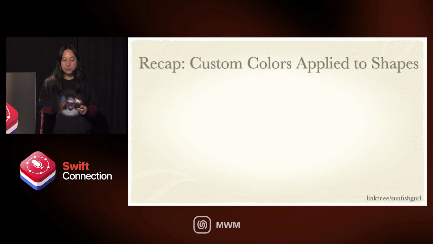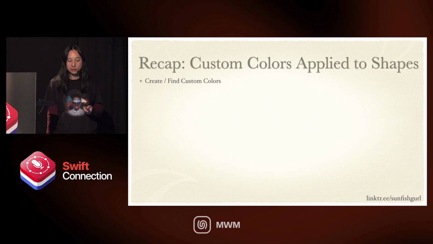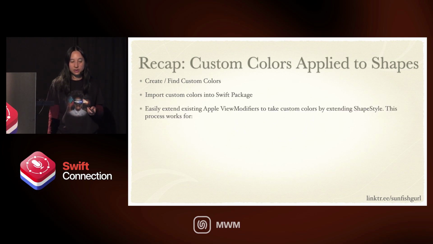So to recap, in order to create custom colors that we can apply to shapes, we first find or create our custom colors. Then we want to import those colors into our Swift package. And this allows us to easily extend existing Apple view modifiers to take custom colors by extending shape style.